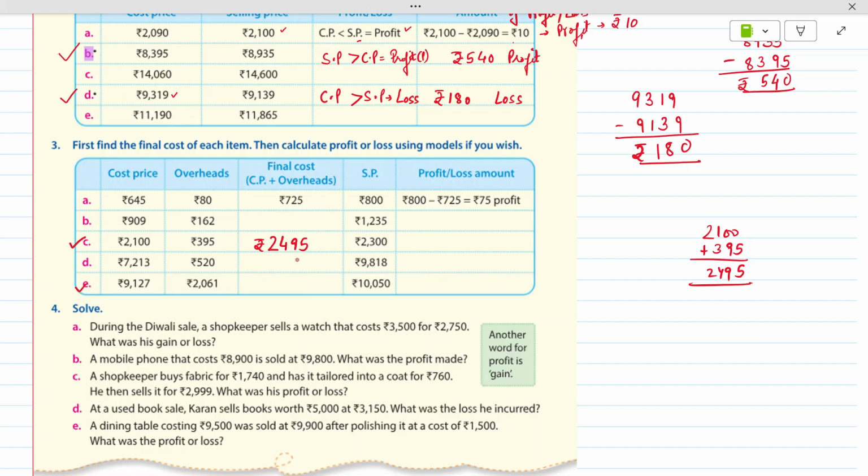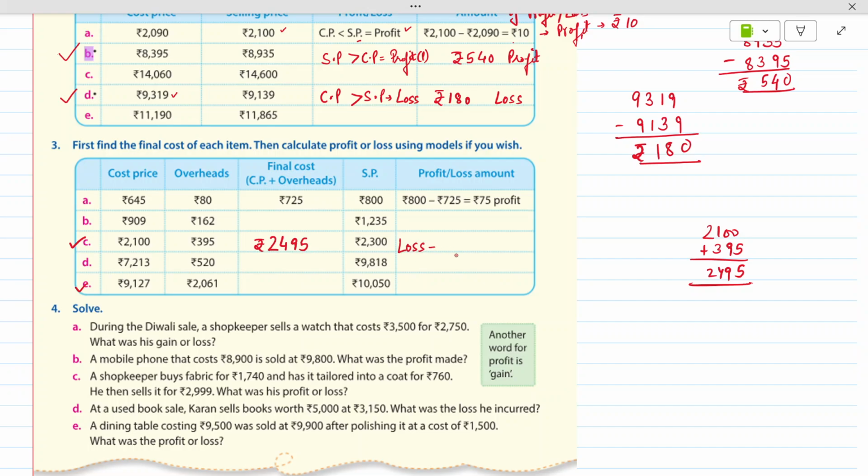And now we are selling it at 2300. So kids, again 2300 is less than 2495. So it is a case of loss. Why? Because we are selling it at a lower price. The amount of cost we put into this particular item was 2495, but we are selling it at a lower price. So this is the case of loss.